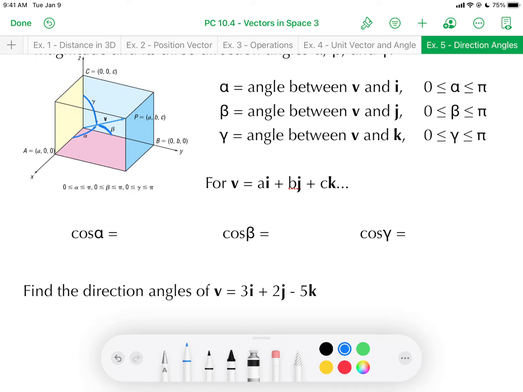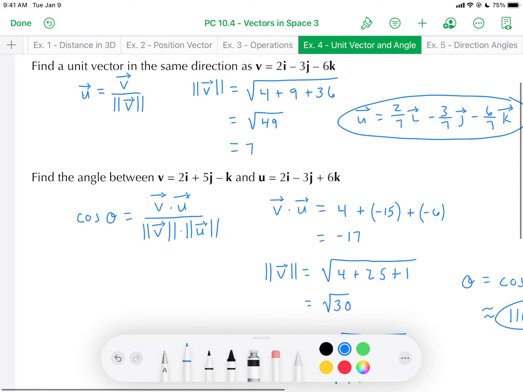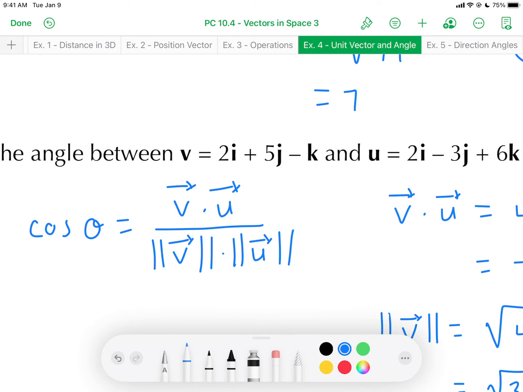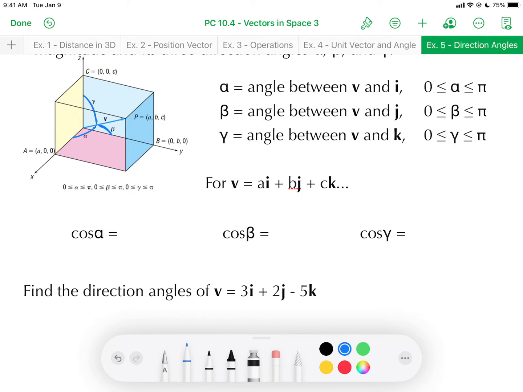Okay, now we have 3 formulas that are essentially derived from this previous formula right here, used to find the angle between any 2 vectors. Okay? So think of these as kind of like shortcuts, all right?